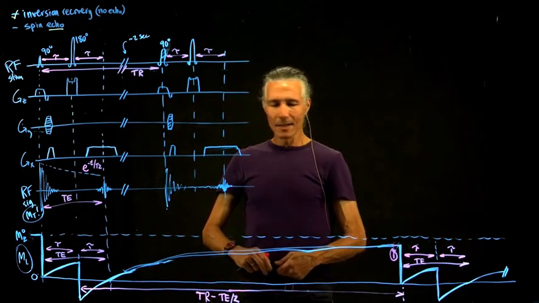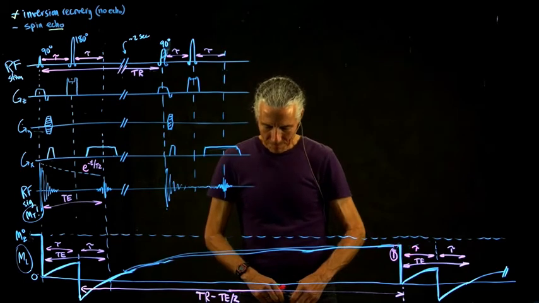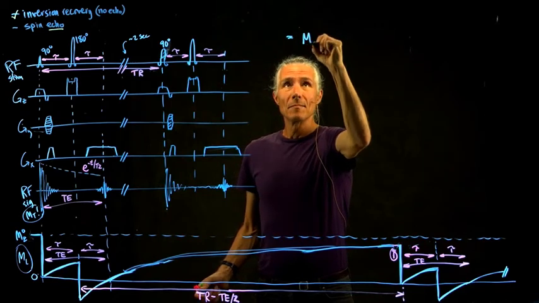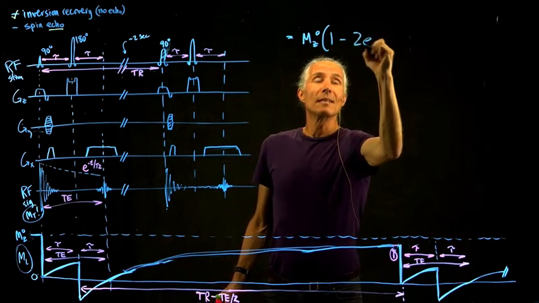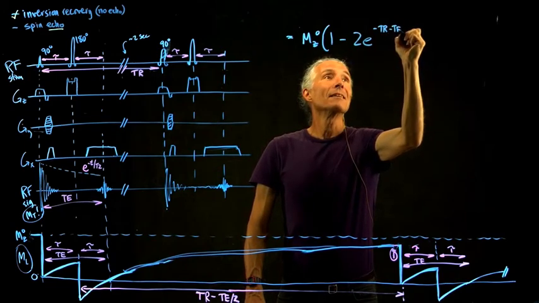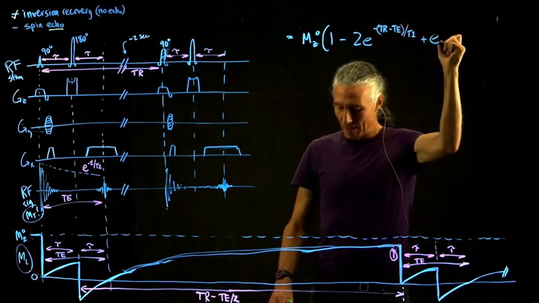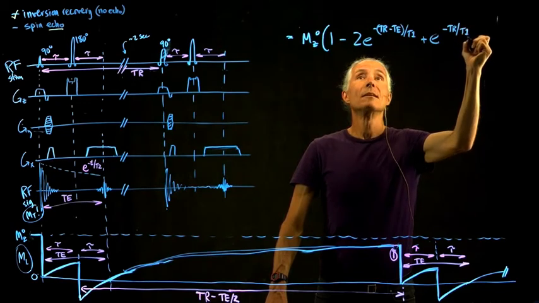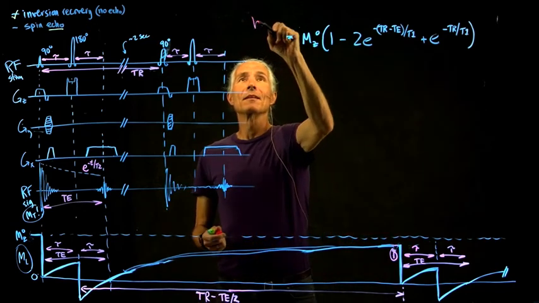Our starting longitudinal magnetization here is going to be equal to MZ0 times (1 minus 2e to the minus (TR minus TE/2) over T1, plus e to the minus TR over T1). Okay, so this is the homework assignment. One of the homework problems.